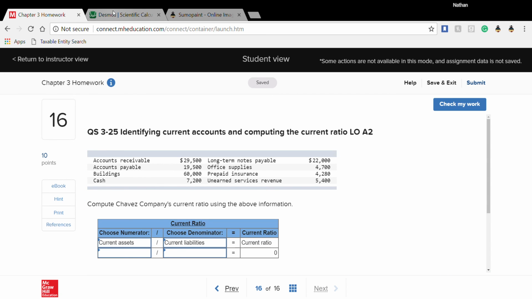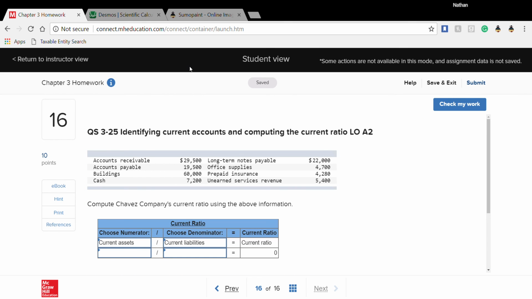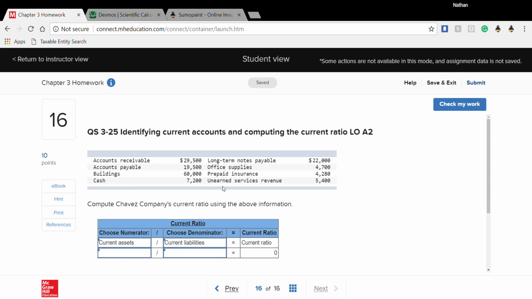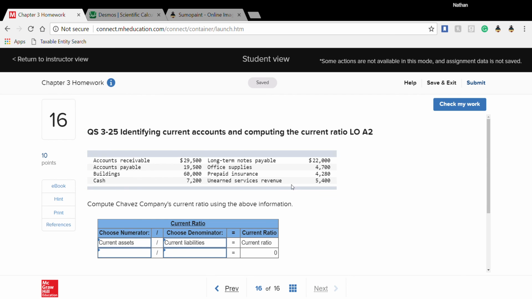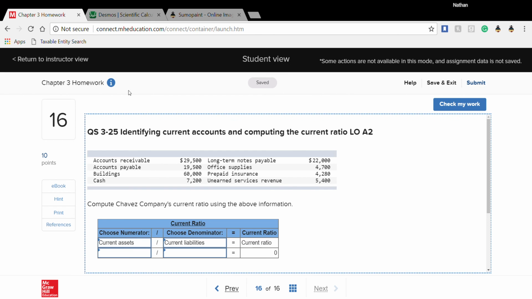Accounts receivable was 29,500, plus cash of 7,200, plus, let's see, the next one, office supplies, 4,700, plus what happens to be our prepaid insurance of 4,280. So our current assets are 45,680.